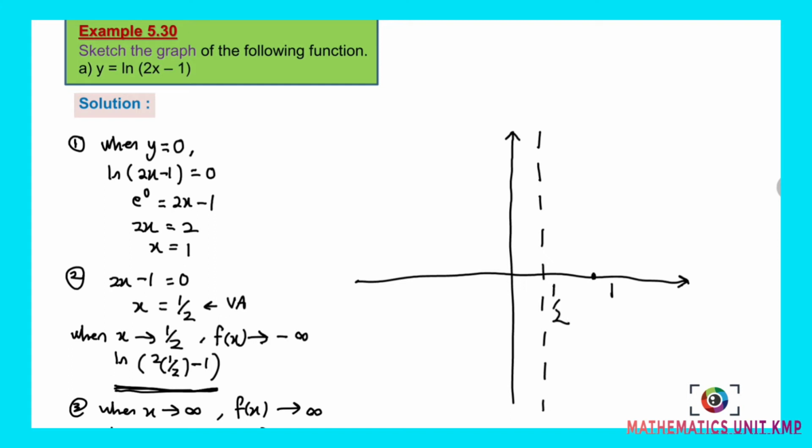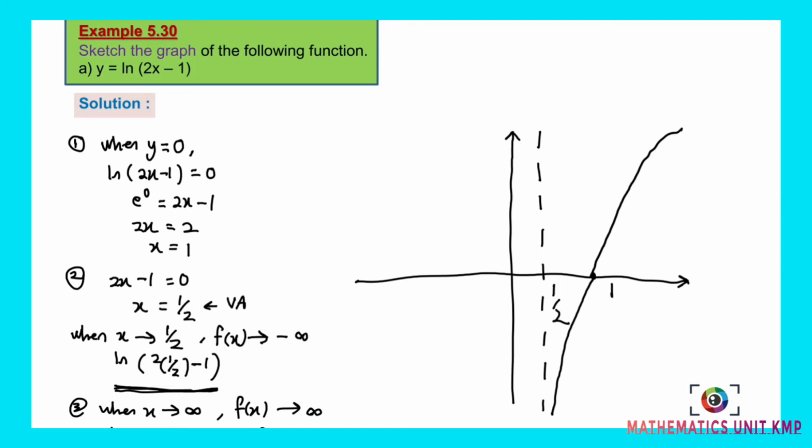Okay. Now bila x approaching to half, y dia negative infinity. And then bila x approaching to positive infinity, y dia akan naik ke positive infinity, the third step. Understand?